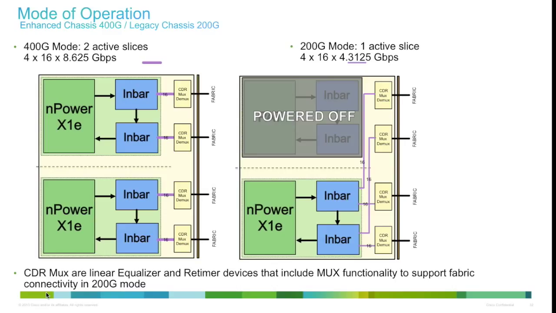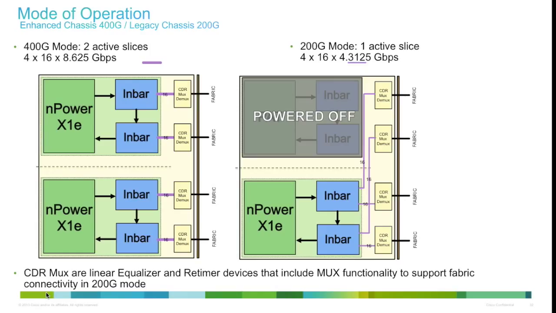So these 2 different modes we described: in the 400 GB mode, we will have the 2 slices active at the same time, and for each in-bar, 16 connections at 8.6 gigabit per second. But if we are inserting this same line card into a CRS-10 with a legacy chassis, we will have only 200 gig, or one slice active at this moment.